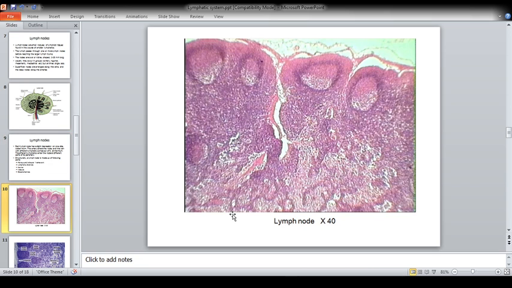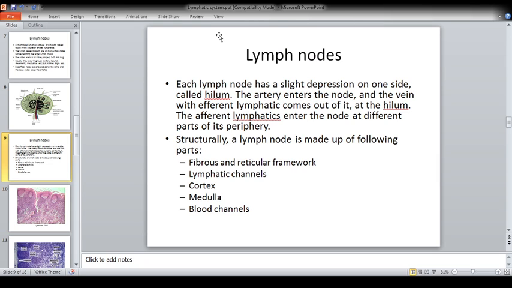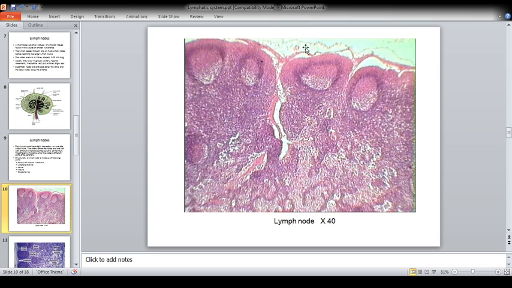So now we'll look at the structures one by one. Outermost would be the fibrous capsule or the fibrous and reticular framework. Then would come the cortex and then the medulla in the center.